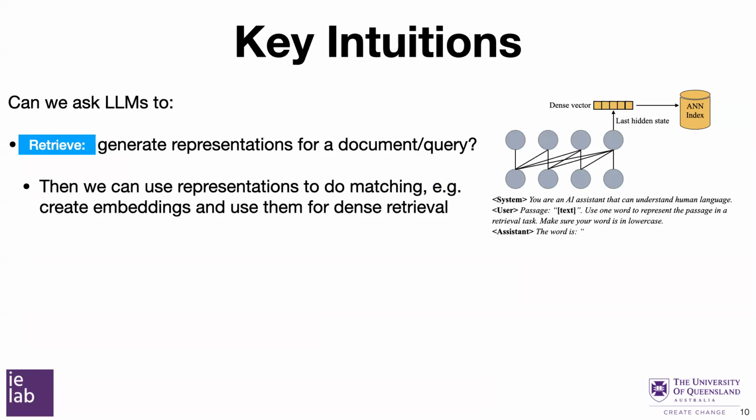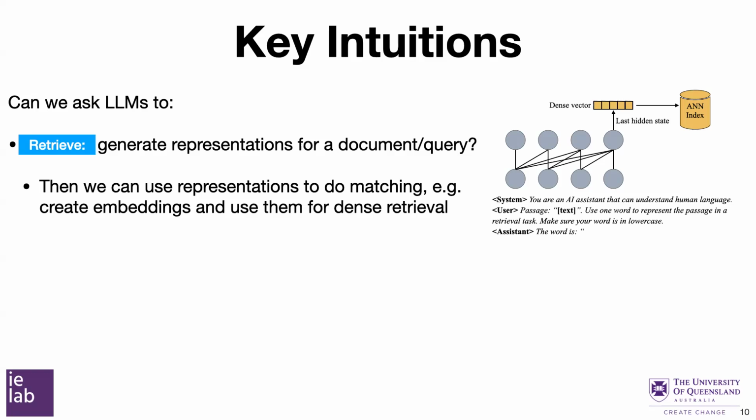That is, to generate a representation of our documents and of our queries that we can then use to do matching, right? So for example, can we say to ChatGPT, here is a document, create for me an embedding, and here is a query, create for me an embedding, and then I use a dot product or cosine similarity to match these two embeddings and then retrieve documents? So that's what we are trying to do here.